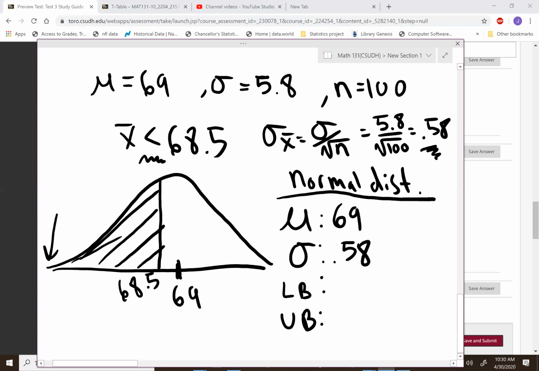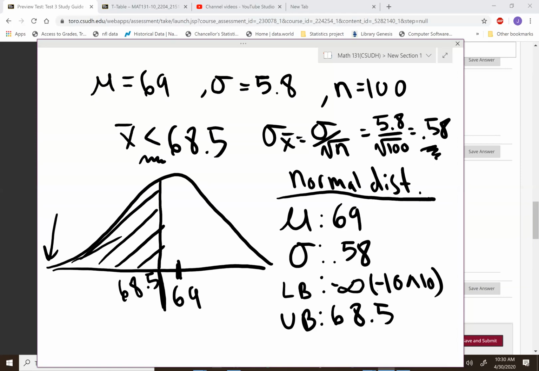The lower bound keeps going to the left-hand side, so that's negative infinity; for the TI-84, you put negative 10 to the 10 power. Lastly, the upper bound is right over here, 68.5. And that's exactly what we put for the normal distribution for class cow, and also once we do it for the TI-82, we put that information. Any question so far on how I got this information?